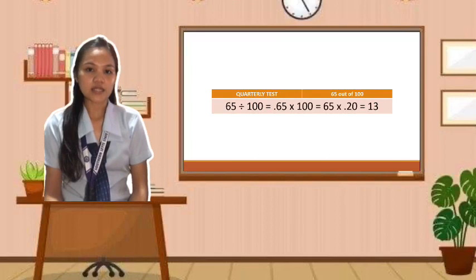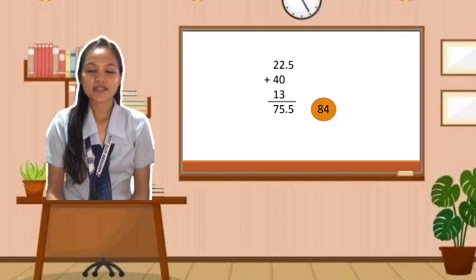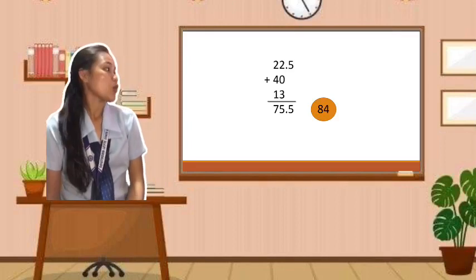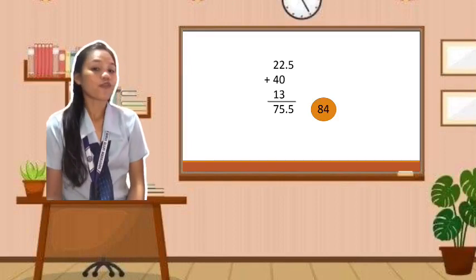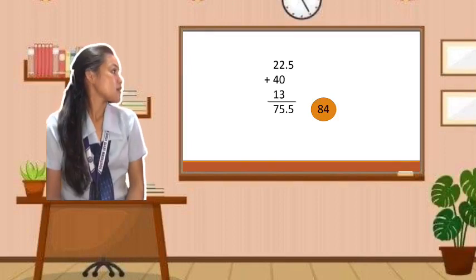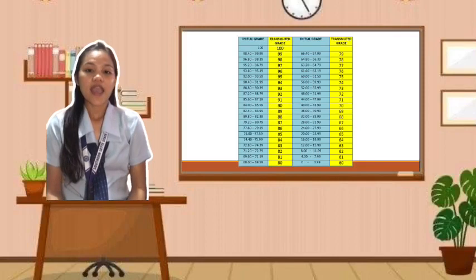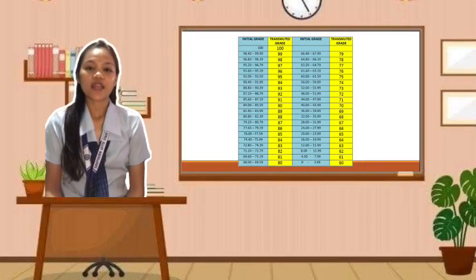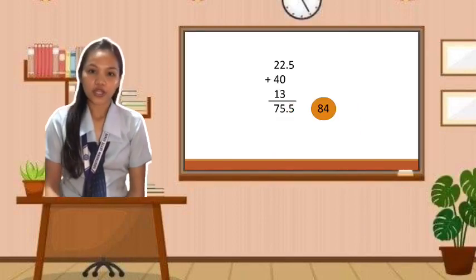To sum up all the raw scores from the written work, performance task, and quarterly test, we have 22.5 plus 40 plus 13 is equivalent to 75.5. And when we transmuted it, the grade 5 English student has an 84 grade.